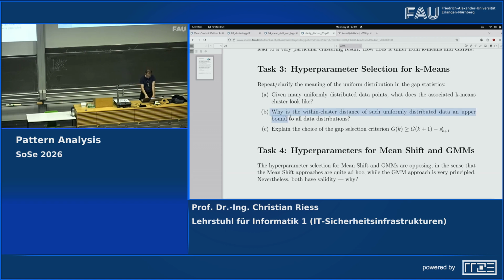So now let's make sure that we have a working intuition, without a formal proof, for why the within cluster distance of such uniformly distributed data. So let's say we have n points, and we have different choices how to distribute the data. So how are they distributed?